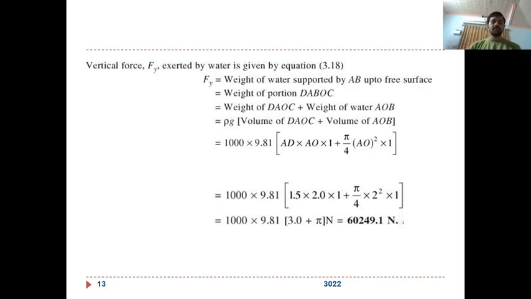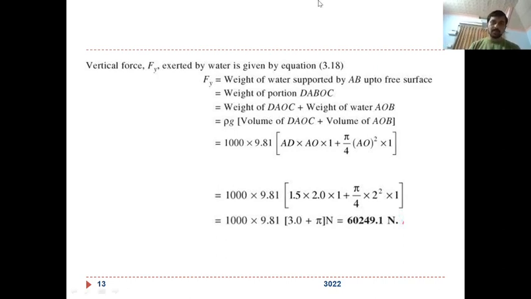Now the vertical force, acting downwards or upwards, whatever it is, exerted by water is simply the weight of water. So we are considering the surface again as a horizontal surface, that is, the portion of water above the curved surface.